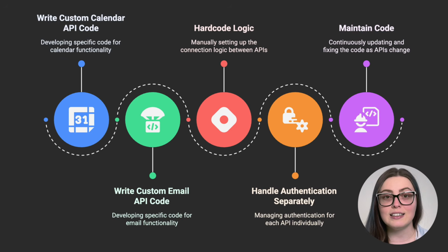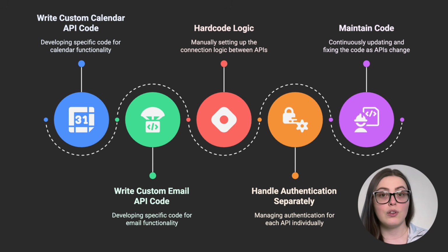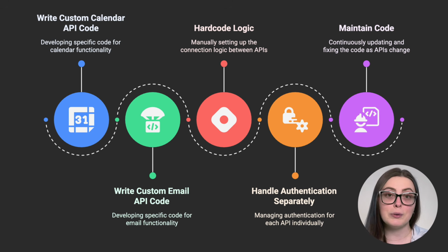More specifically, if we're building an AI assistant that needs to check our calendar, create a meeting, and send invitations, with traditional APIs, we need to write custom code for the calendar API, write more custom code for the email API, hard code the logic for how these steps connect, handle authentication for each service separately, and maintain all of this code as the APIs evolve.